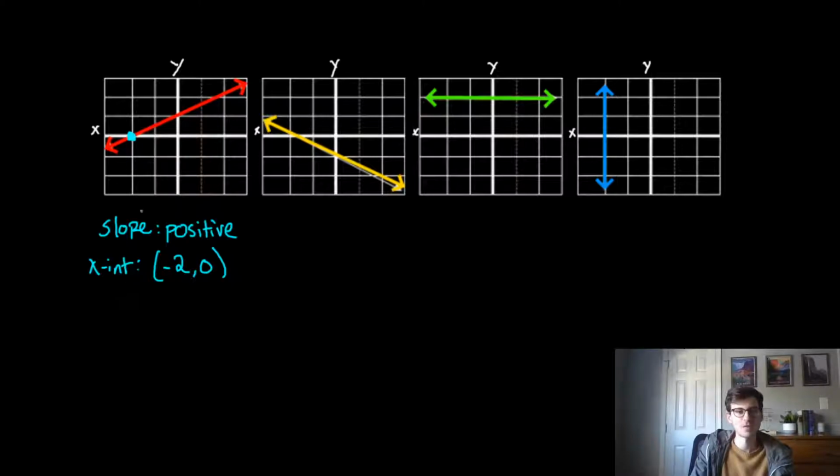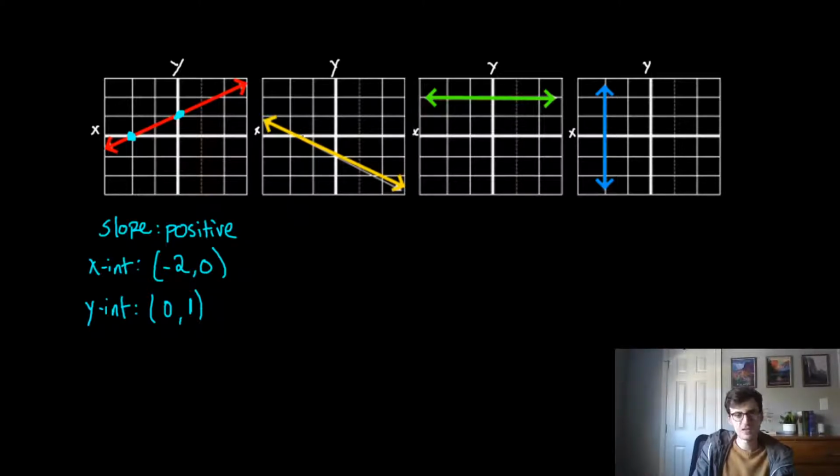That's my x-intercept. And then my y-intercept is up here. The y-intercept is where x is 0, and where x is 0, y is 1. So here I have a positive slope, x-intercept of -2, y-intercept of 1.